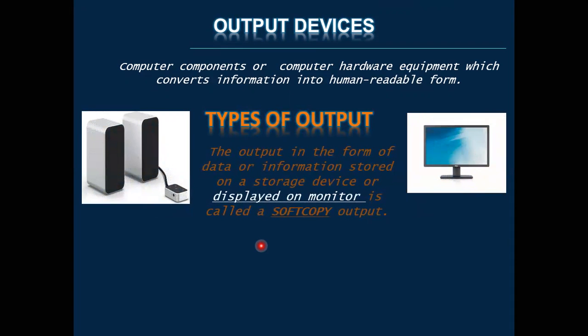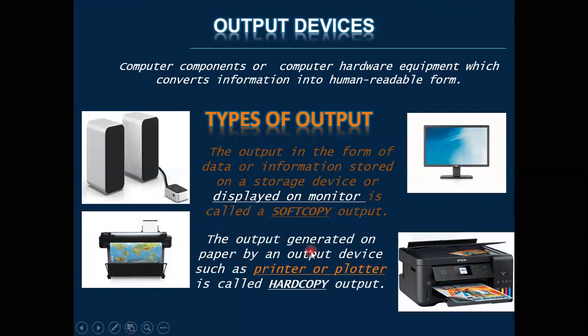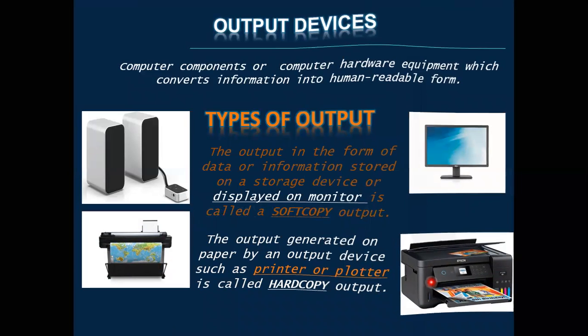One is called soft copy output, the output which is taken in the form of sound, like from speakers, or the output which is displayed on the monitor. On the other hand, hard copy output is another form, which is usually in printed form on a page or sheet, and this output is taken from plotters or printers, and we have discussed it in your previous class as well.